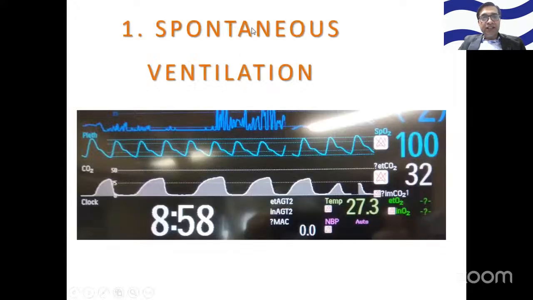On spontaneous ventilation in an adult patient, you can get this kind of EtCO2 waveform. This is not a typical squarish waveform, and there could be multiple reasons for that. One could be that there is no tight seal, no tightness of the mask.